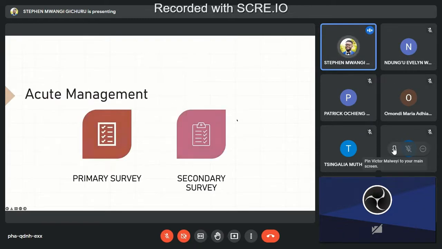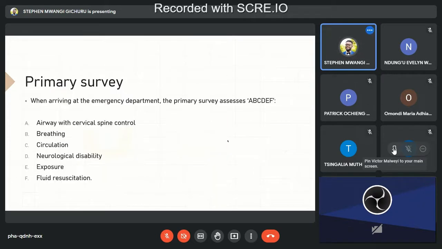So for acute management, which will encompass those other things that we didn't talk about, we have a primary and a secondary survey. So primary survey is to ensure the major things out, things that might kill a patient immediately, and then the secondary survey is now to give definitive management.